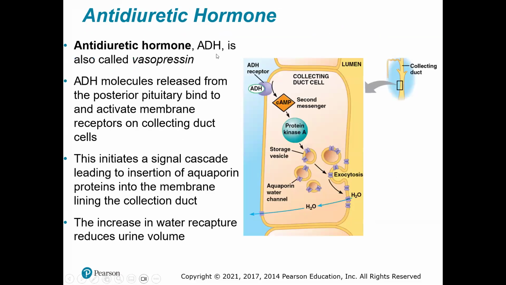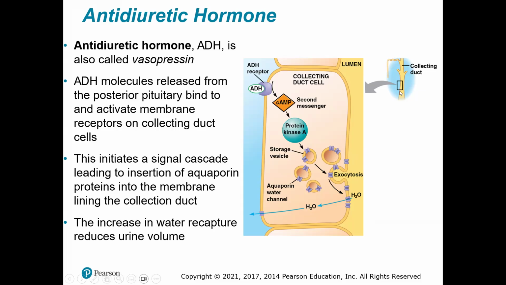So antidiuretic hormone, ADH, is also called vasopressin. Now, something you need to know. Anytime you hear something called a diuresis, okay? Diuresis is urine production. So antidiuretic means less urine production. What the ADH does is that it inserts these aquaporins that increase water reabsorption in the collecting duct.